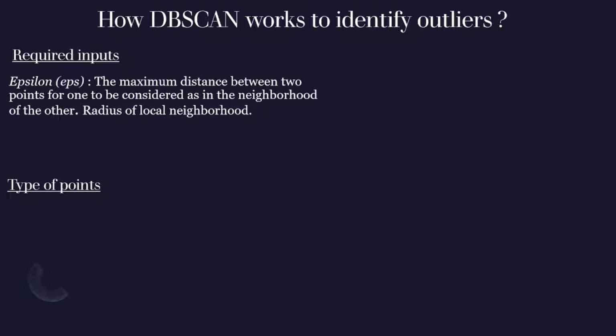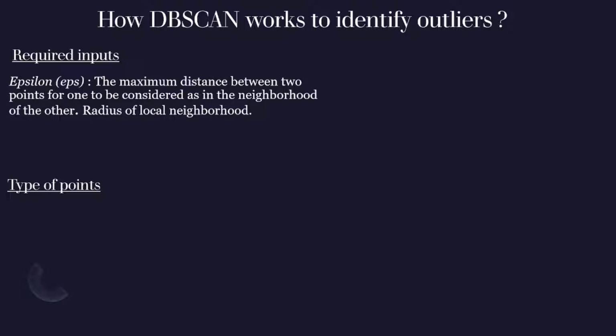The epsilon is basically the maximum distance between two points for one to be considered as in the neighborhood of the other. This is the radius of the local neighborhood. Just think about the perimeter that is surrounding a point. So this is basically the epsilon, and you have to choose it.